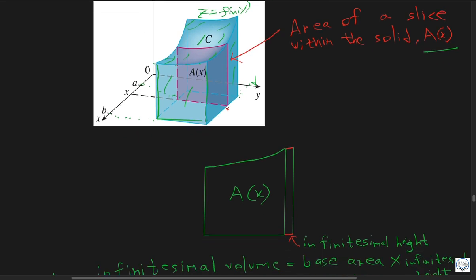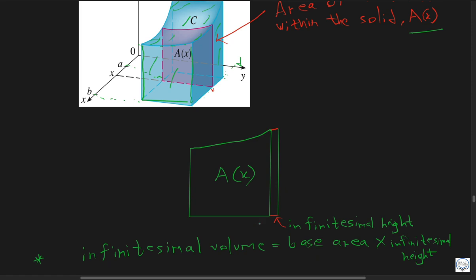So let's draw out this A of x as a cross-sectional slice, and we take a very small, infinitesimally small height in the same direction as x, so we have increased our x value by a very small amount. That means this is nothing but dx.